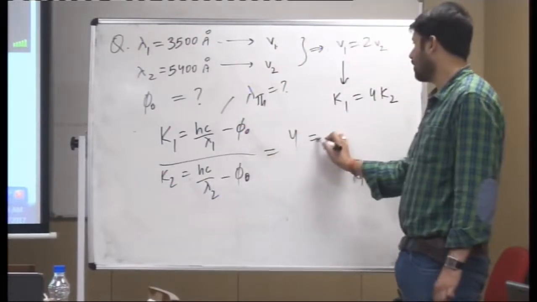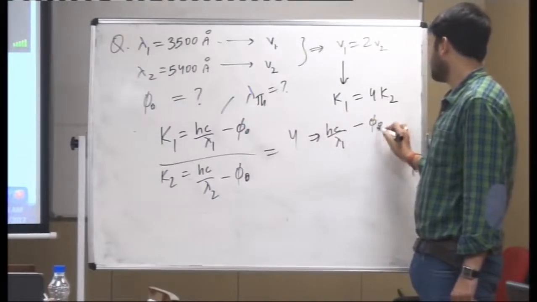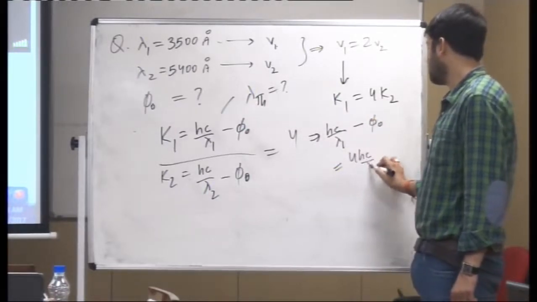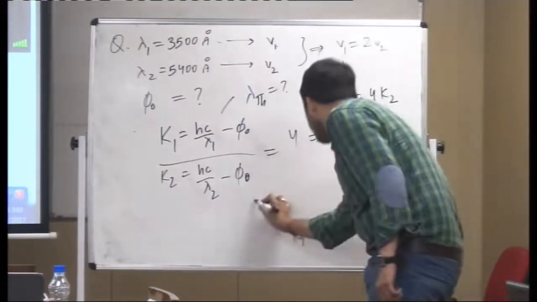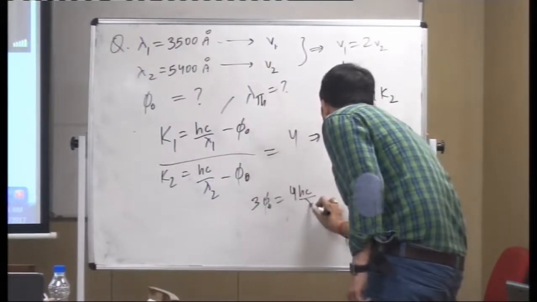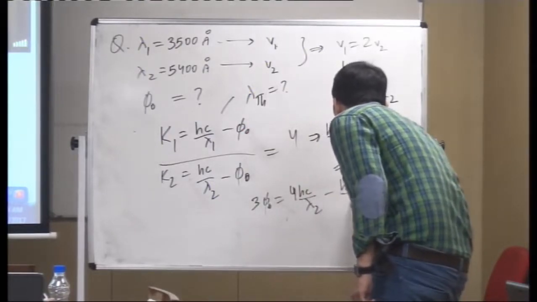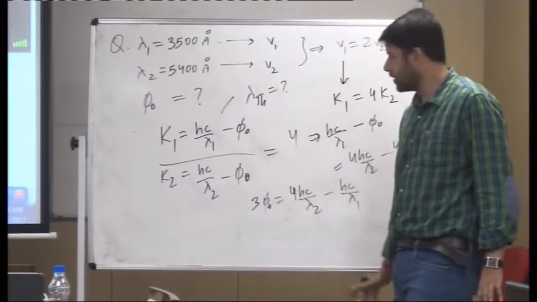So you need to solve this only. hc by lambda 1 minus phi naught is equal to 4 hc by lambda 2 minus 4 phi naught. So 3 phi naught is equal to 4 hc by lambda 2 minus hc by lambda 1. From here we can calculate.